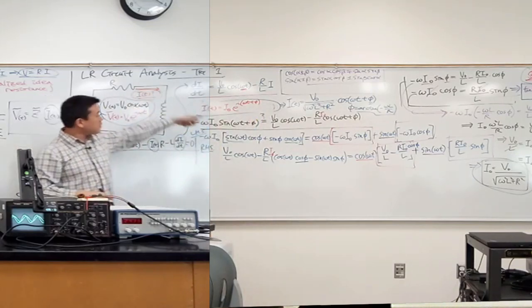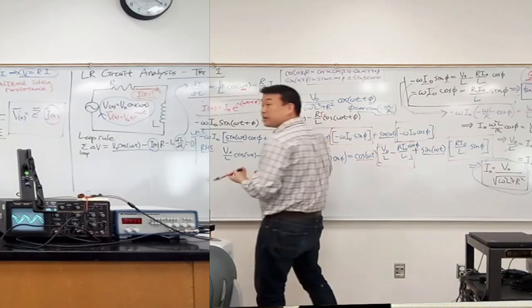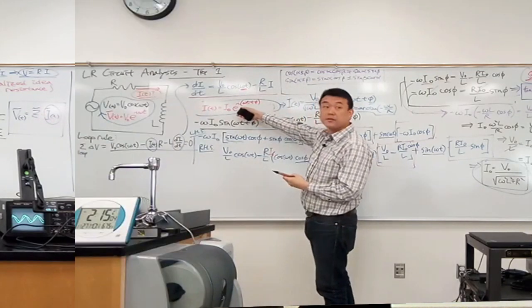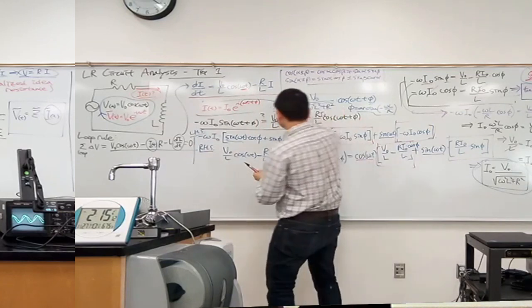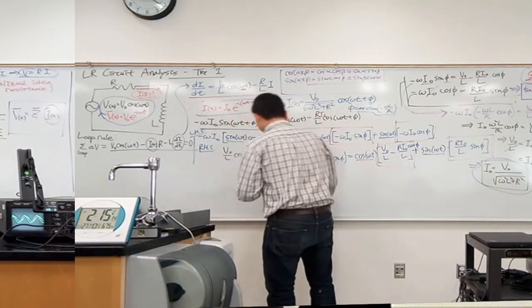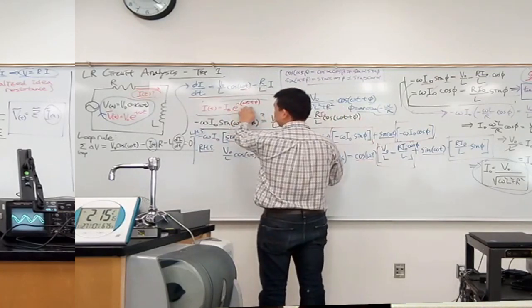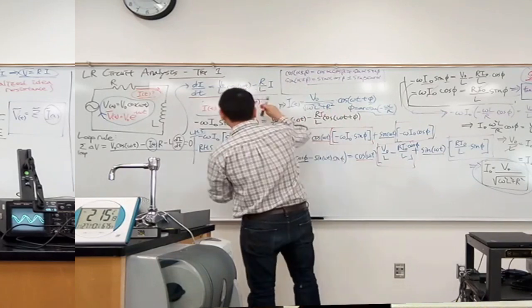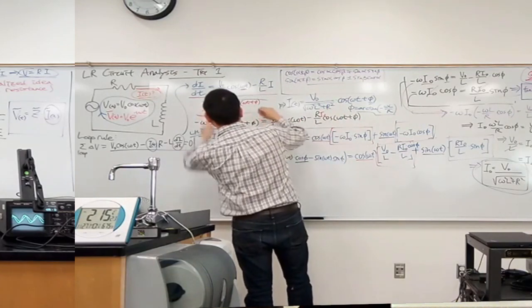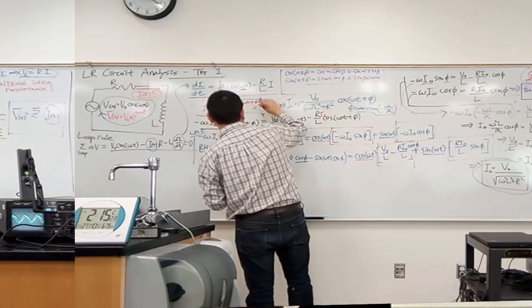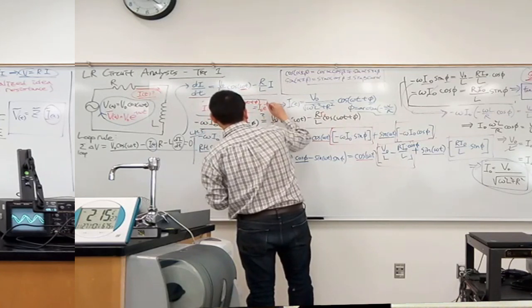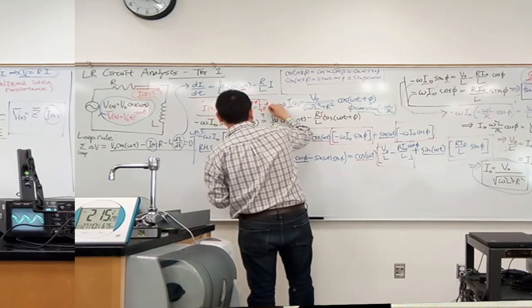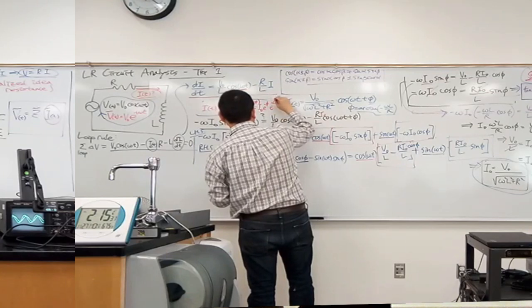By the way, this being a complex function means I have a way of writing this down in a simpler way than with the real trigonometric functions. I can do the exponential algebra and take out this phi as a multiplicative factor and say that this is equal to I naught times e to the i phi times e to the i omega t.